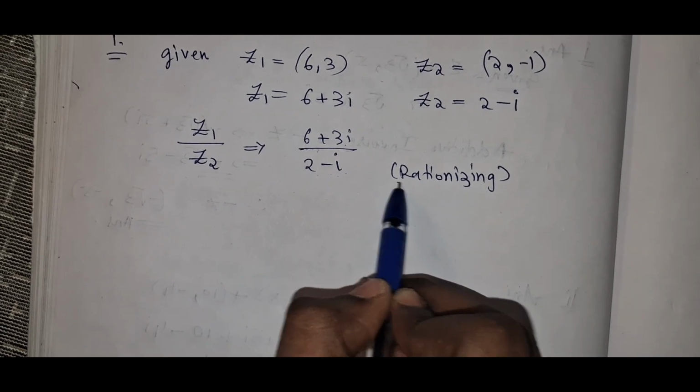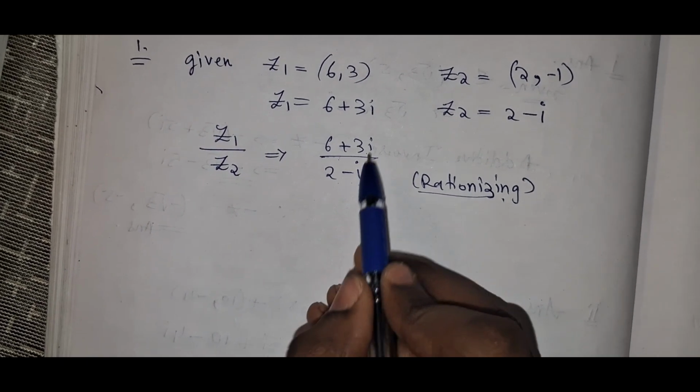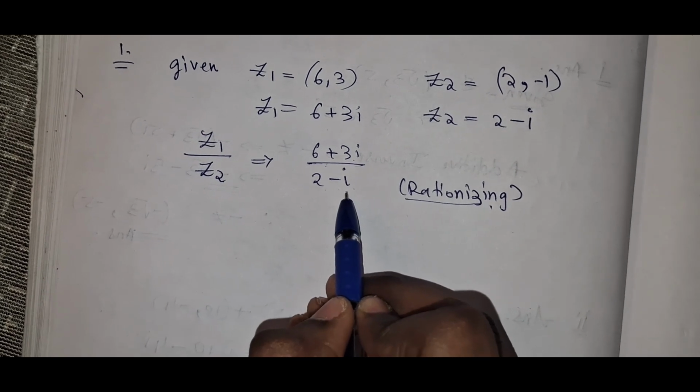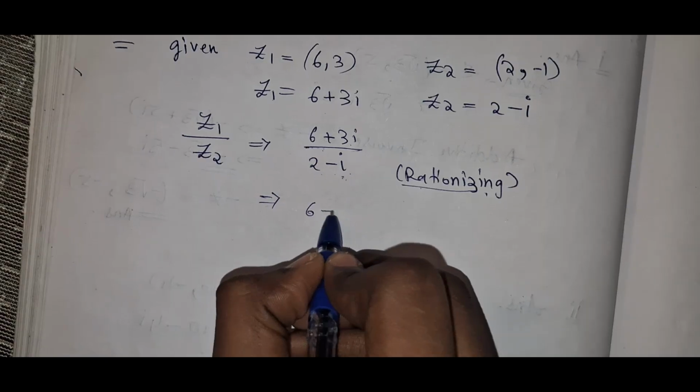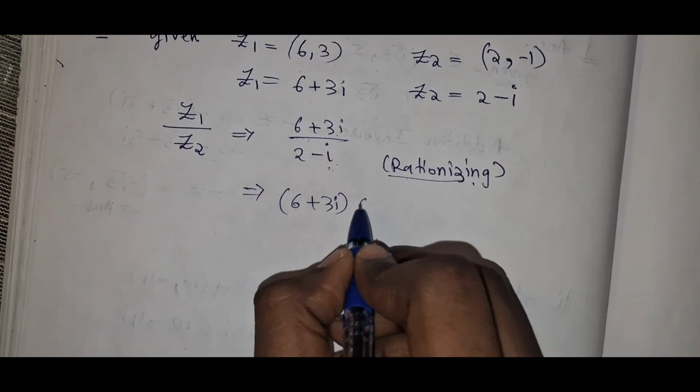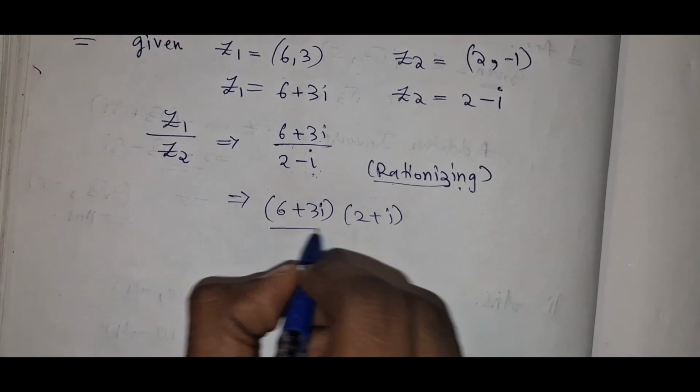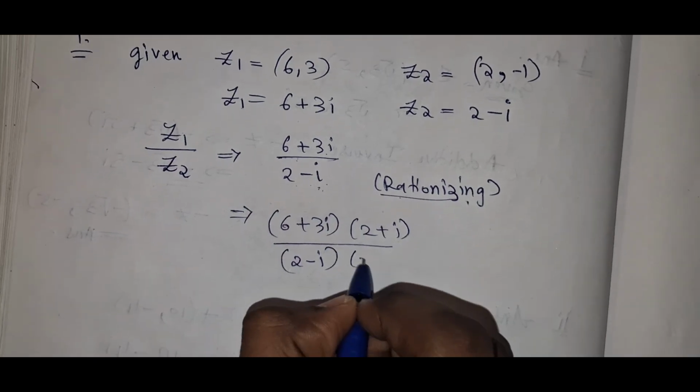Now rationalizing this with the denominator, as the denominator is also in complex number form, that's the reason we are rationalizing here. So if we rationalize here, 6 plus 3i into 2 plus i over 2 minus i into 2 plus i.